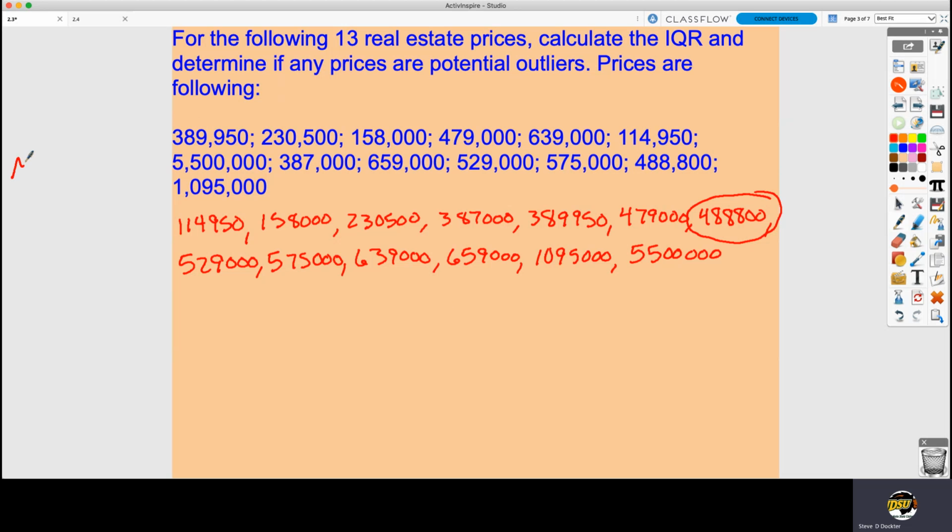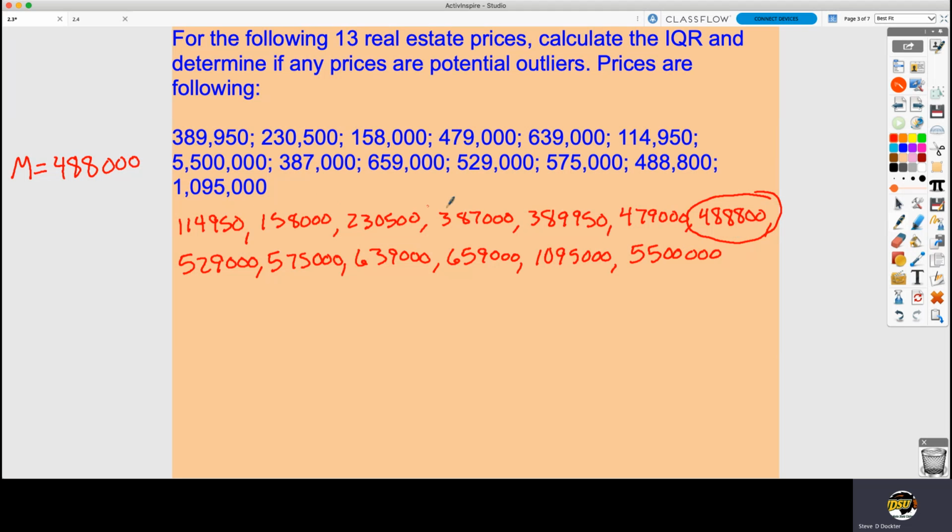Now it's not part of our answer here, but it can be important to know with what we're going to have to do in a little bit. From there, we need to find the first quartile and the third quartile. Your first quartile is going to be everything below your median. You're going to find the median of that.